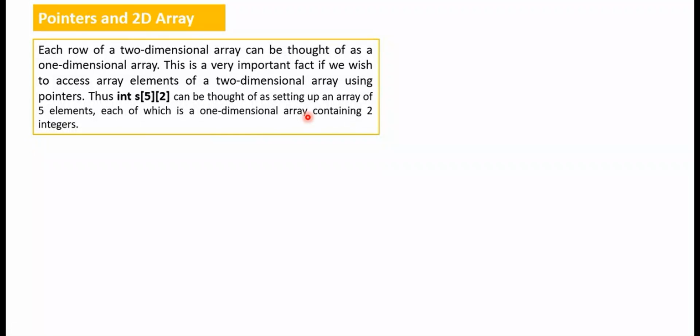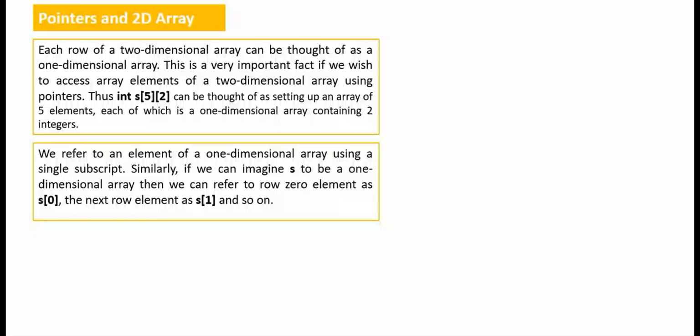So basically you can imagine 5 rows, 1 2 3 4 5, so we can see 5 elements in an array, each having 2 integer values. So we can say that a two-dimensional array is a one-dimensional array of one-dimensional arrays.